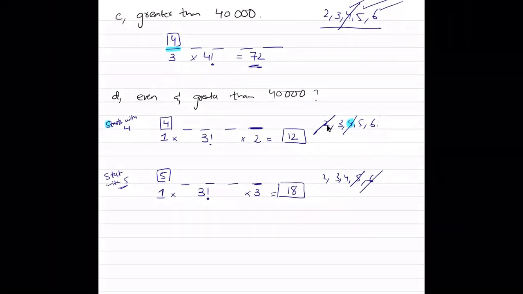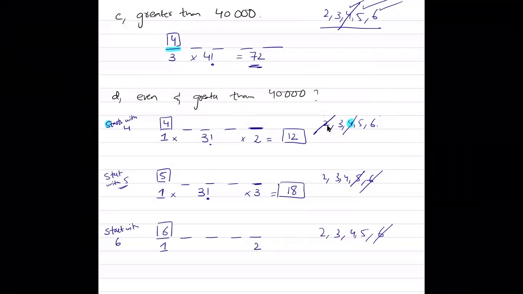And one more step. The number can start with 6 as well. So if a number starts with 6, 6 is gone. Only one option. Now you want a number to be starting with 6 as well as being even. So how many options would you have for the last position? Two options, 2 and 4.